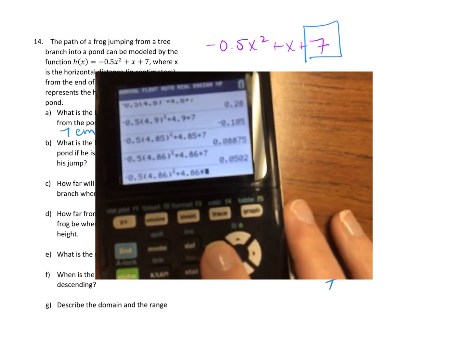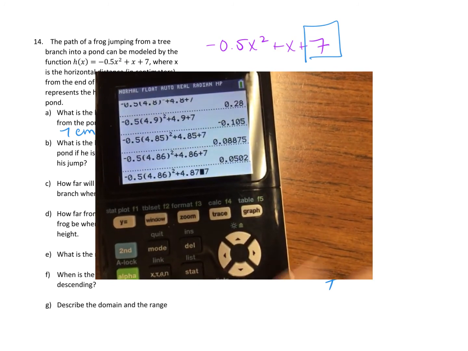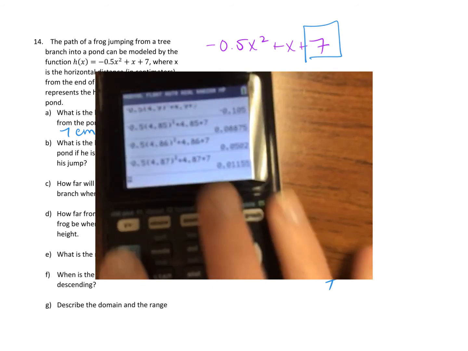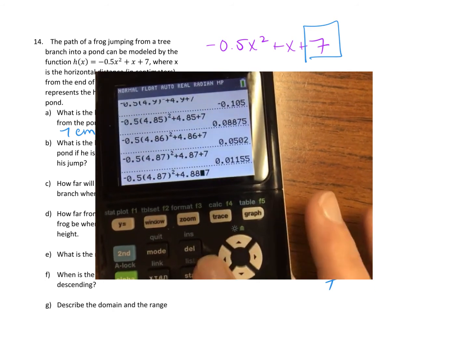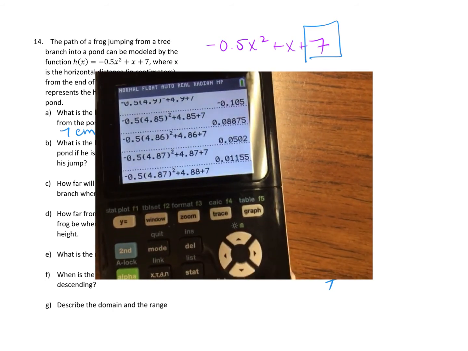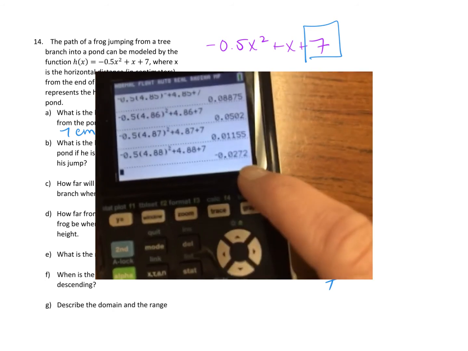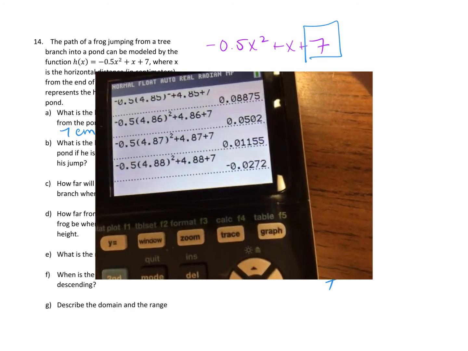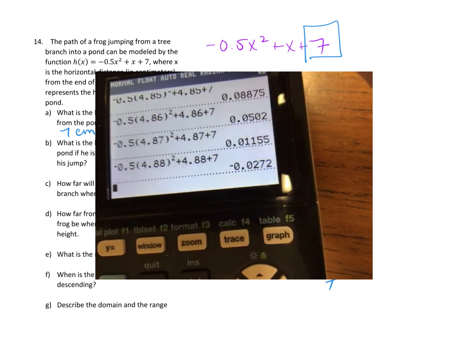Getting there. 0.05. 4.87, 0.01. 4.88. Let's see. And it's negative again. So we can safely say between 4.87 and 4.88, that's pretty close to 0.